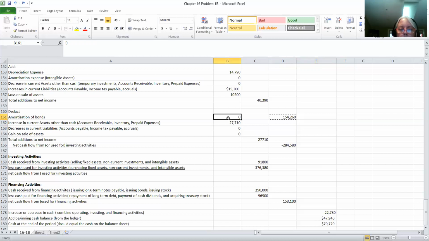There was no amortization of bonds because there are no bonds payable.